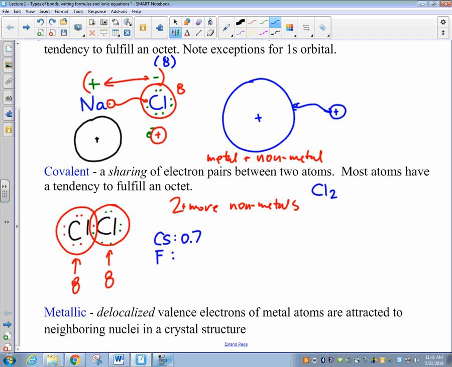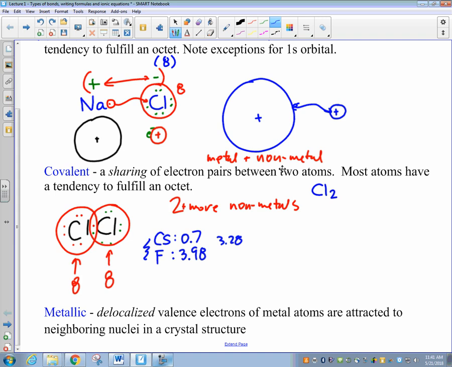Fluorine has an electronegativity of 3.98 Pauling units. And if I look at the difference in electronegativity between these two atoms, that would give me a difference of 3.28 Pauling units, which would be the most unequal sharing of electrons that could possibly exist in a bond.